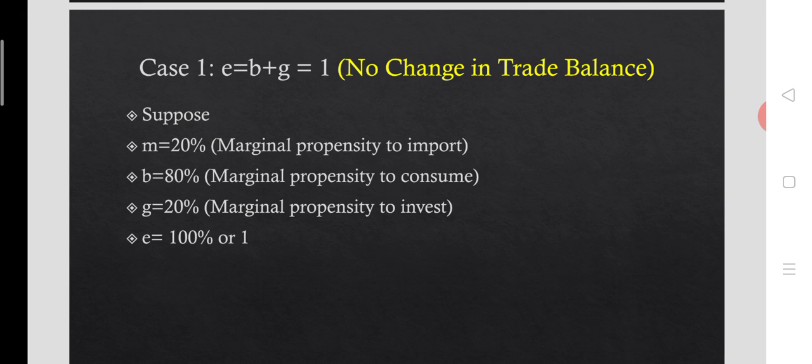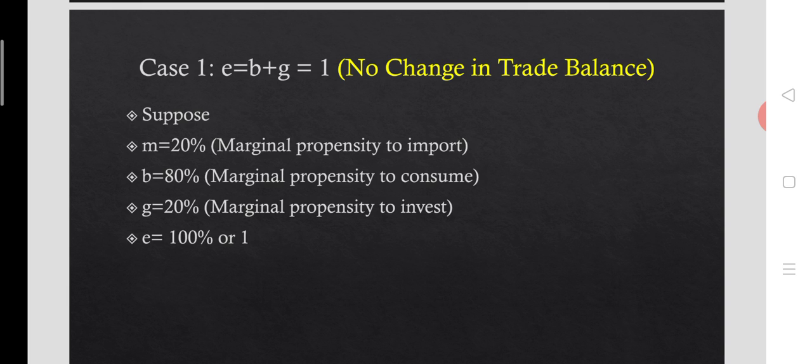That means as per the general rule of absorption approach, when devaluation is adopted, it is going to make no change in trade balance of the country. The trade balance of the country in this case is going to be neither deteriorated nor improved. It remains unaffected or it remains neutral when E is equal to 1.